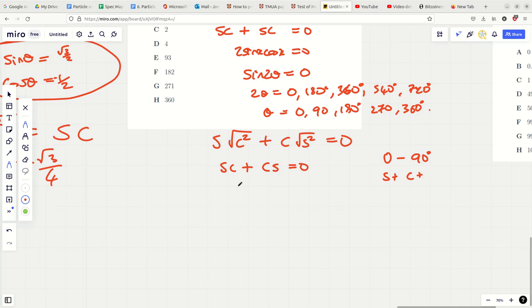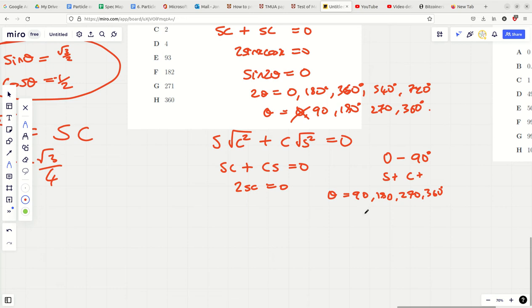And so you're going to get 2SC equals 0 here, and that gives you all the same solutions as up here. So straight away we've got theta equals, I should ignore the 0 because we're going from 1, 90, 180, 270, or 360. But what happens when we're going from more than 90 to 180?